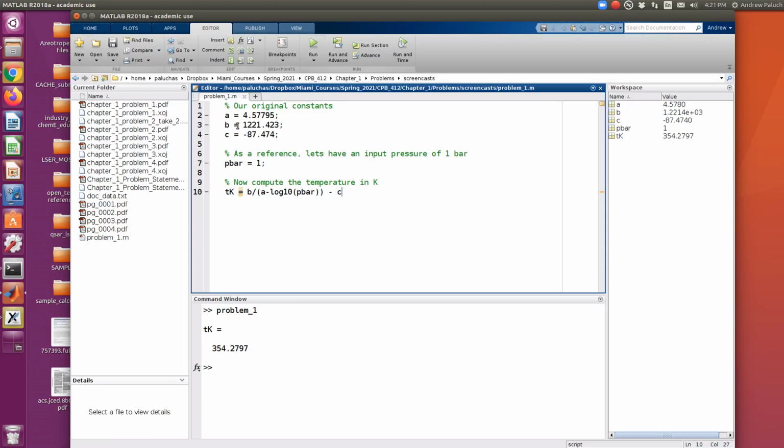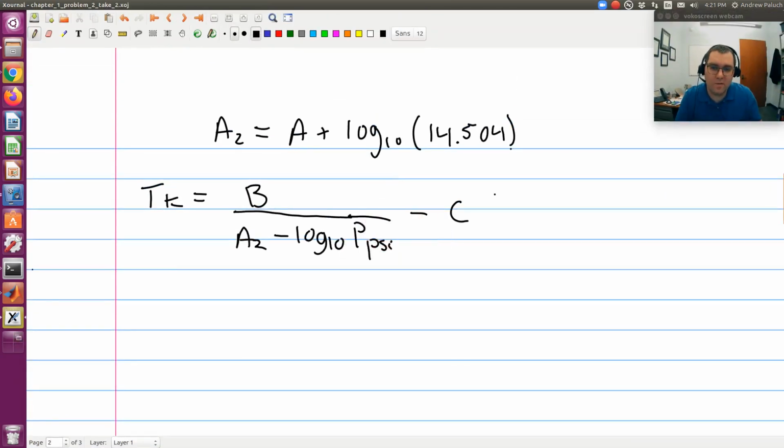So what I've done here is here's my original constants. As a reference, if I have a pressure of 1 bar and I plug it into my original Antoine equation, I get a temperature of 354.2797. So what I'm going to do here is we have now defined this A2.